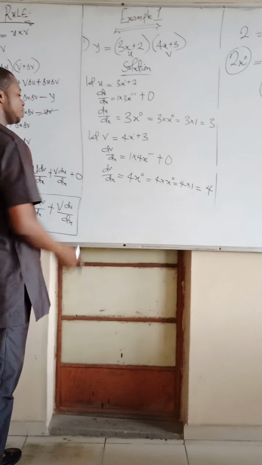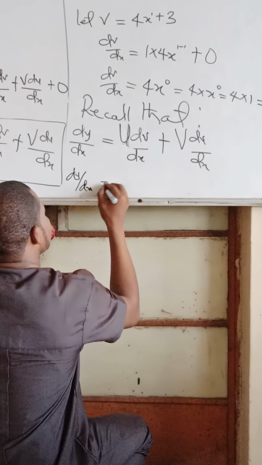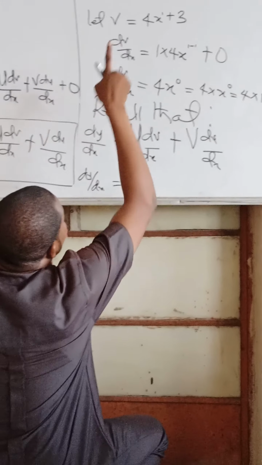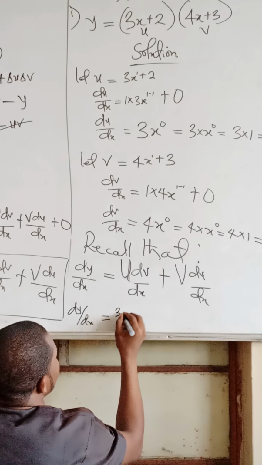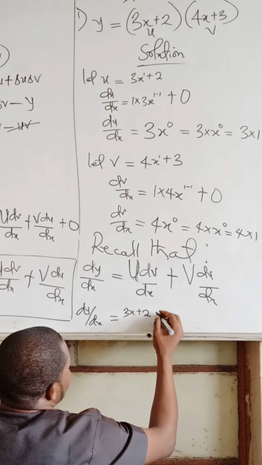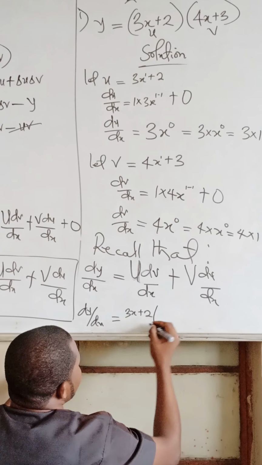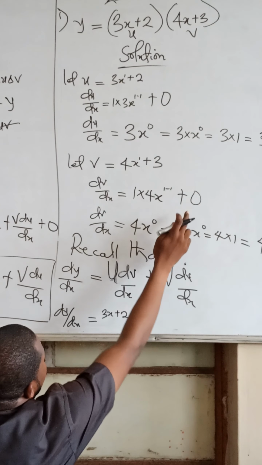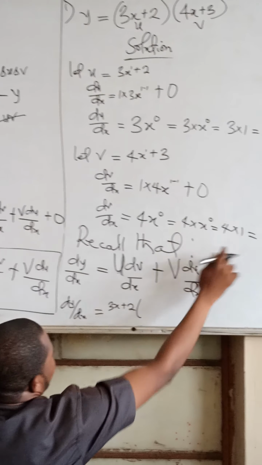So from here, our dy/dx is equal to u. What is our u? Our u is 3x plus 2. Then times dv/dx. Our dv/dx is equal to 4.